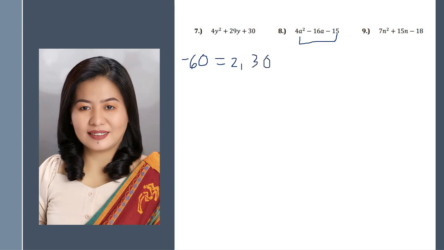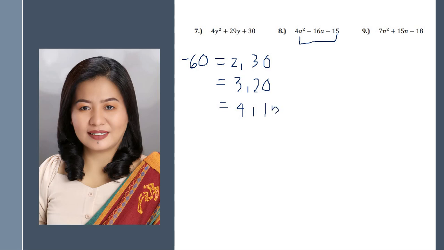Can it be 3 and 20, that gives us 17? Can it be 4 and 15?